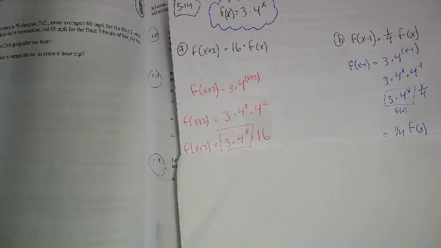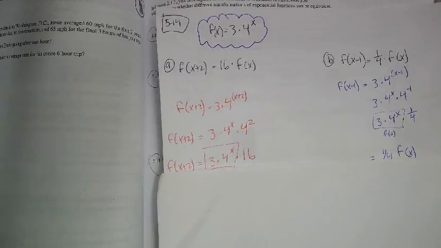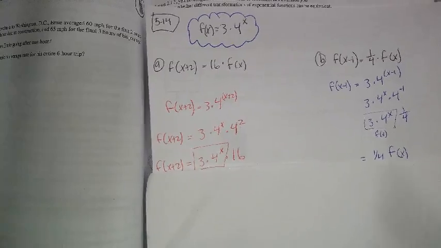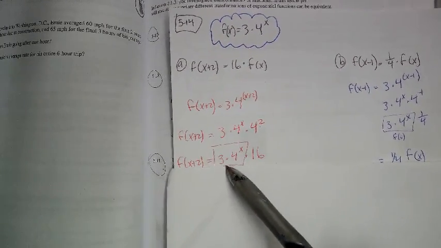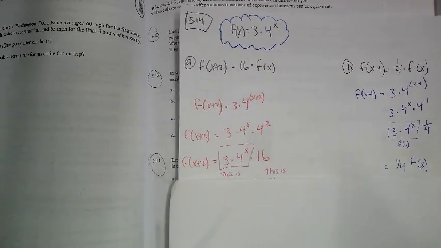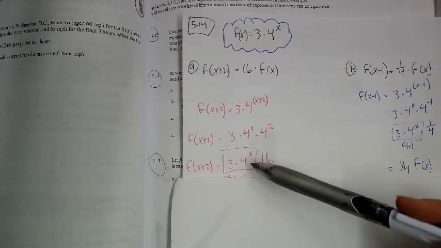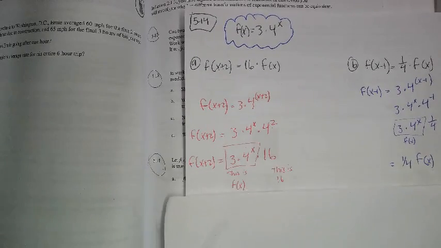Then I got confused and thought, well, 16 times 3, I think that's 48, and that's not the same as 16 times f of x. But it is, because this right here, that's f of x. They defined f of x as 3 times 4 to the x, and that's 16, so I got 16 times f of x.